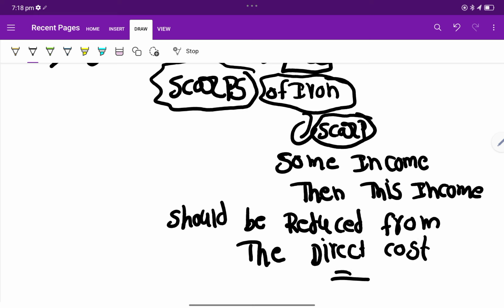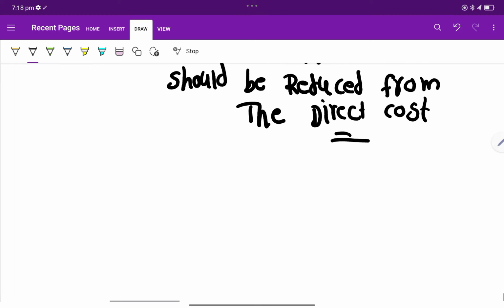Have you understood the difference between the previous example and this example? In the previous example, I said I have plant and machinery which I gave for rent for 6 months. It is in idle condition. If it is in idle condition, then I won't consider the depreciation. If I won't consider the depreciation, then I don't consider the income also. Whereas in the second example, I am getting some scrap of iron.